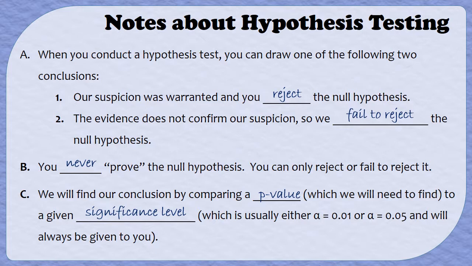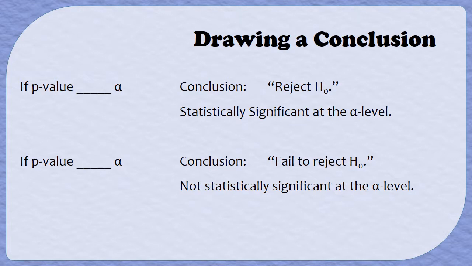The p-value that we find is going to be like the percentage of the characteristic that we're looking for, kind of, and we're going to be comparing it to that weirdness cutoff. So when we find a p-value, we're going to compare it to the significance level. If the p-value is less than the significance level, that means that the p-value we find is smaller than our cutoff for weird, right?